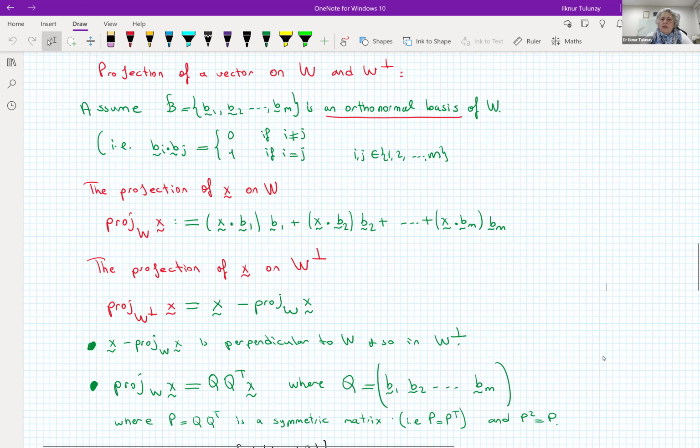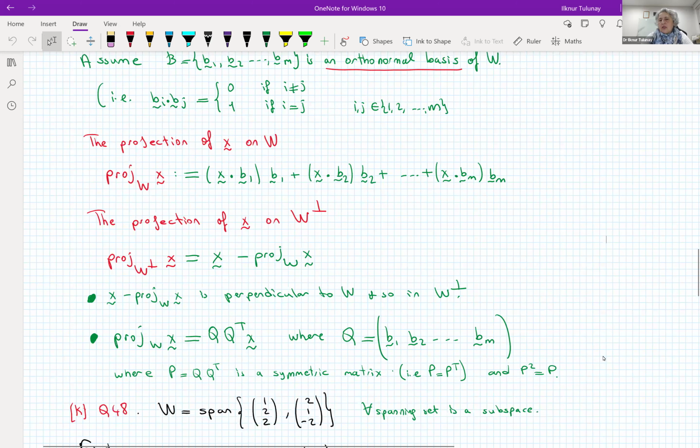Another way of doing this is in matrix form. If you construct a matrix Q with columns B1, B2, Bm, and multiply this matrix with its transpose, the matrix you get corresponds to the projection onto W: the projection is equal to Q Q transpose.